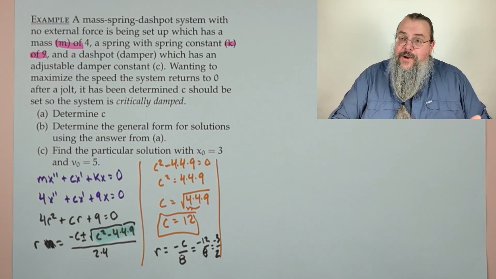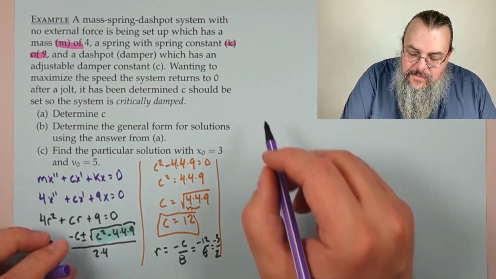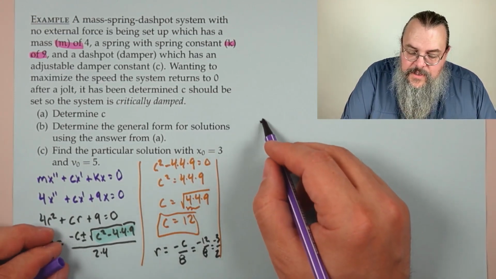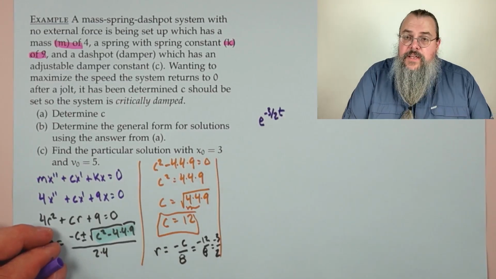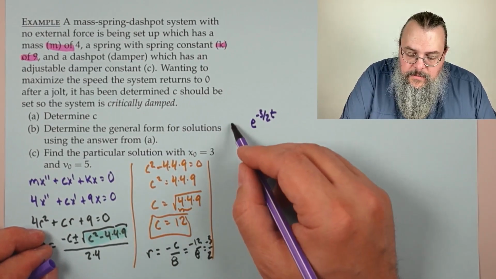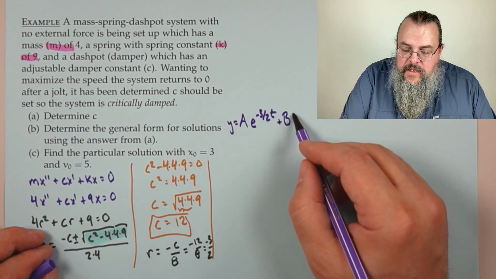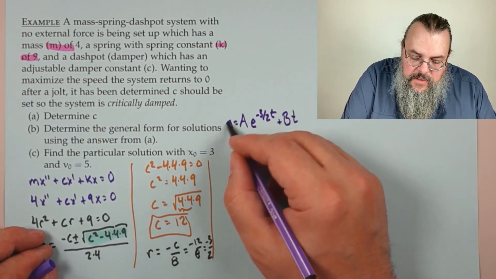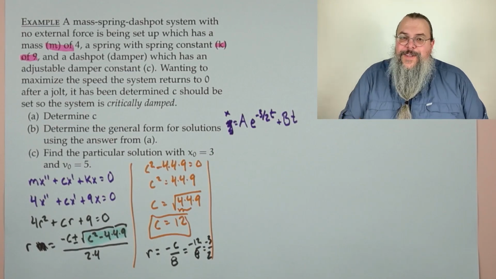So now we know the roots, and so our solutions are going to be as follows. The first negative 3 halves gives us e to the negative 3 halves t. And then the second negative 3 halves, so we'll say y equals a plus b t. Not y. I'm so sorry about this. X. It's one of my things I struggle with.